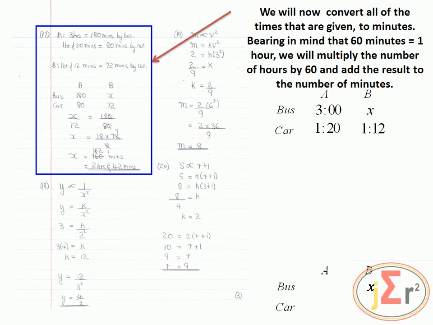But we are saying here and now that the times that we have here are given in 2 units, hours and minutes. Therefore, we will convert the times given to 1 unit, and we are choosing to convert to minutes.